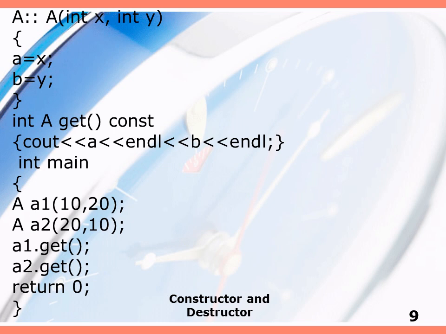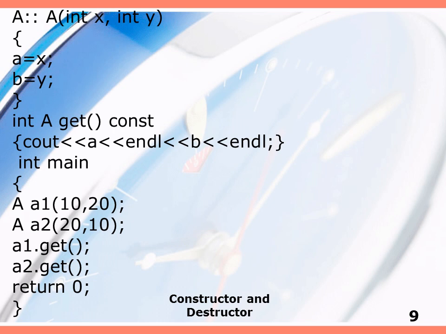In the main function, we create an object A1 of class A with two arguments 10 and 20, which means that at this stage the constructor for this class will be called, and the data member a shall be initialized to 10 and the data member b shall be initialized to 20.